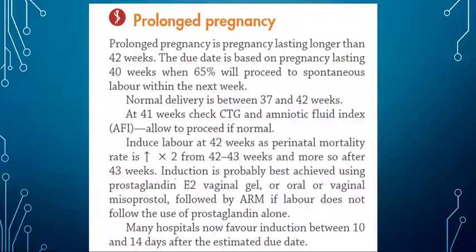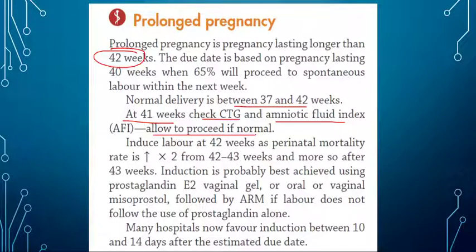Then prolonged pregnancy. So if pregnancy lasts more than 42 weeks, that's what we call prolonged pregnancy or post-dated pregnancy. So normal delivery should be between 37 and 42 weeks. At 41 weeks, check CTG and amniotic fluid index.